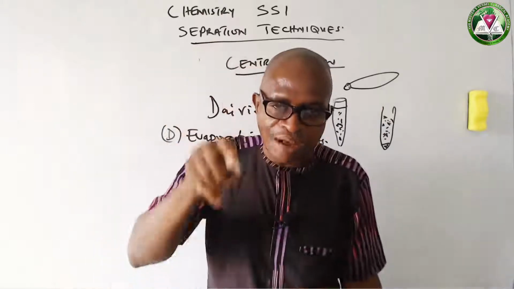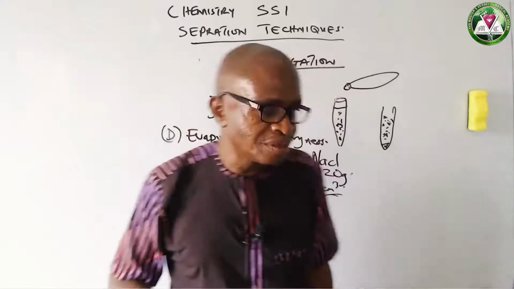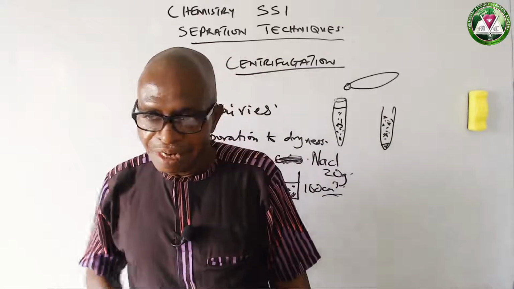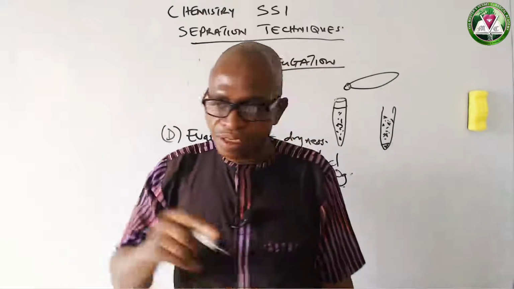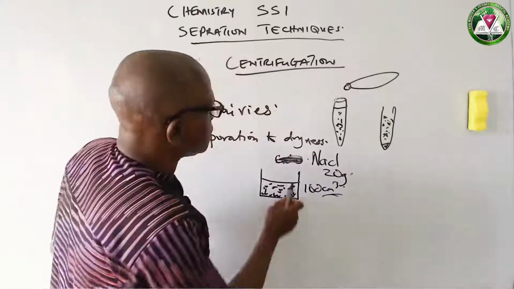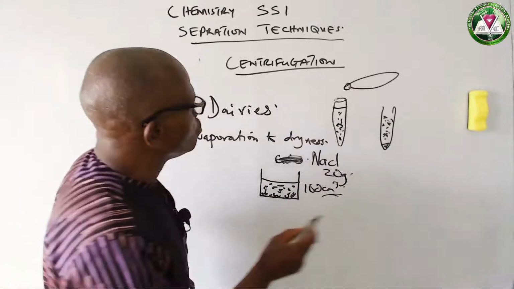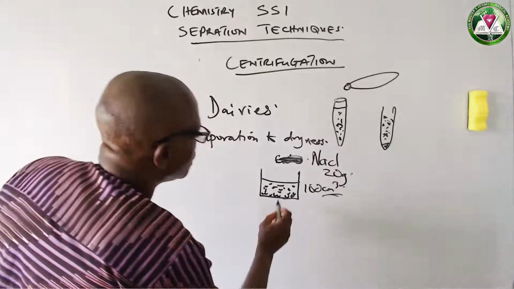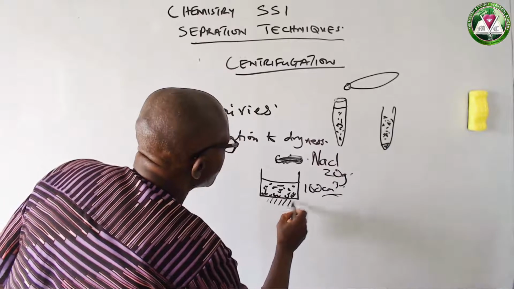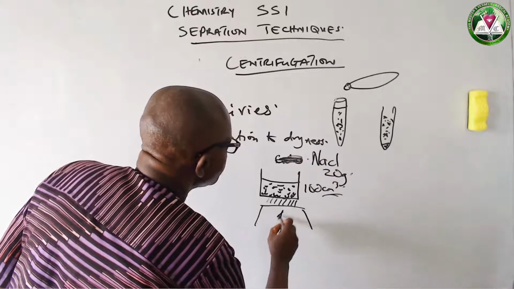But if the solute is affected by heat, what you will use will be crystallization. But what we are discussing now is evaporation to dryness. Let's take, for instance, you do this maybe in the lab or even in your house. You can recover the 20 grams of sodium chloride. And what you do is that you will put, this will be your gauze, this is your tripod stand, this is your heat.